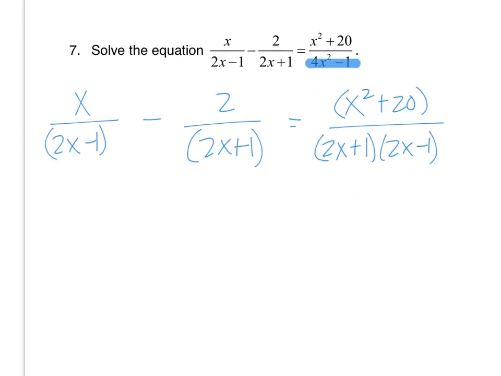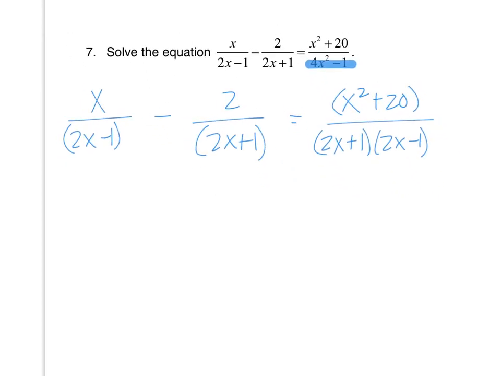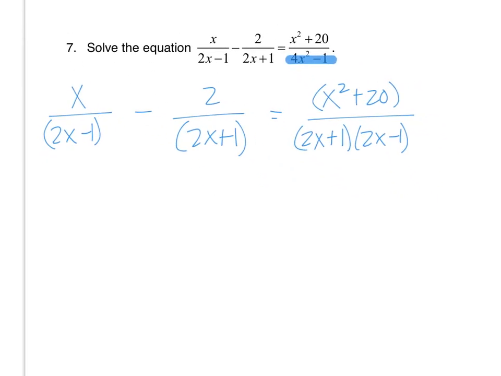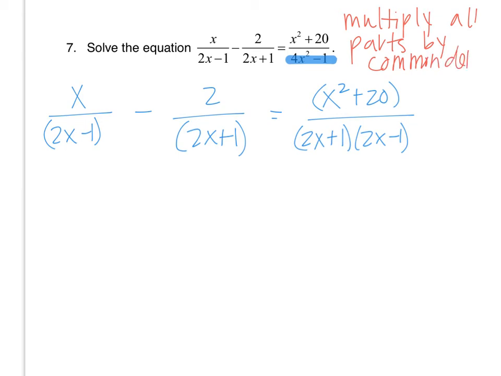So now I am going to multiply all 3 parts by the common denominator.